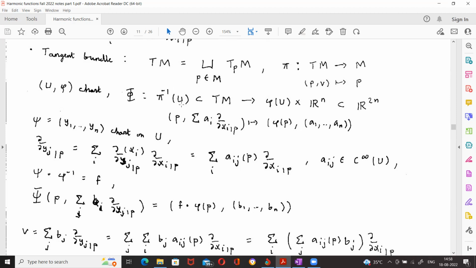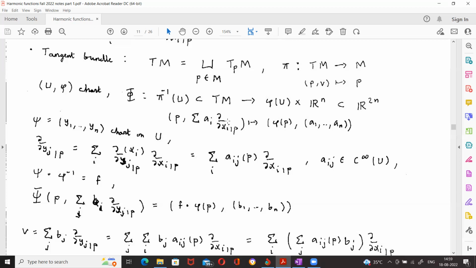Any point here, I can write in the form (P, V). Once I have a chart phi, it gives me a basis of the tangent space at each point P. The basis is del/del xi at P. So any vector I can write in the form summation ai del/del xi at P. What I do is map this (P, V) into phi of U cross Rn, which is a subset of R2n.